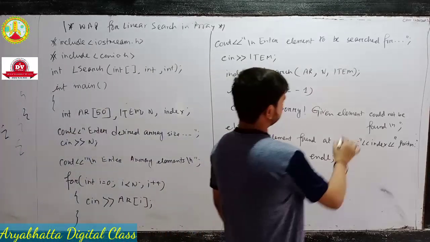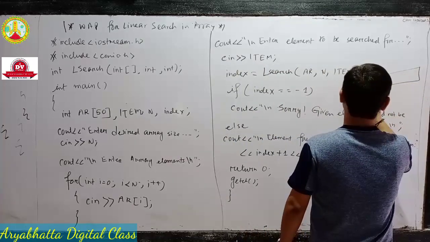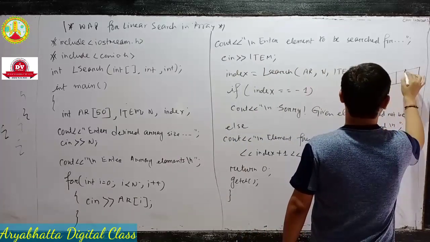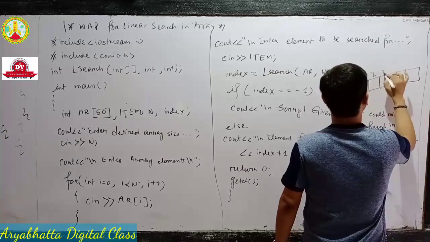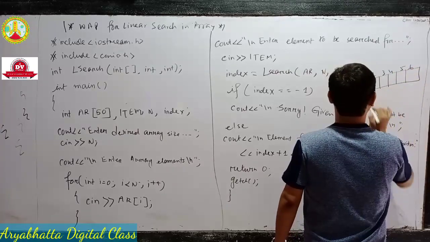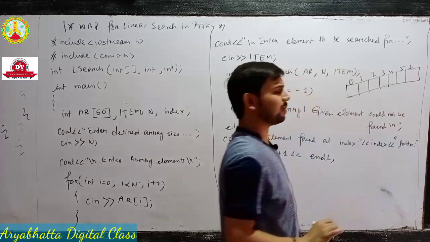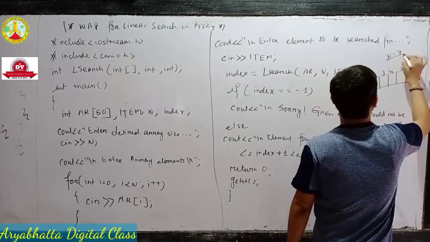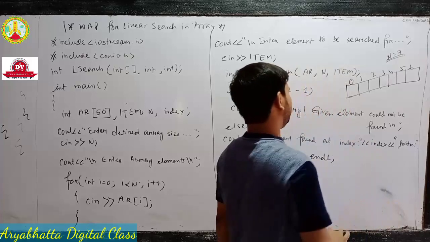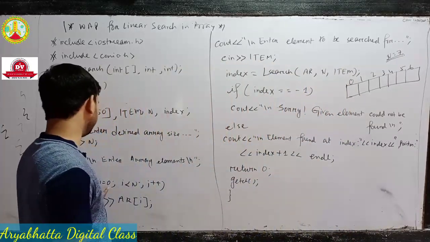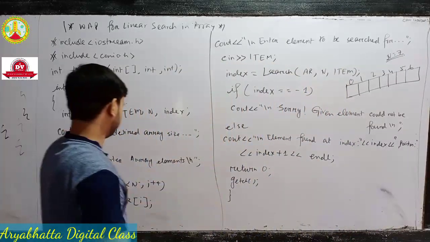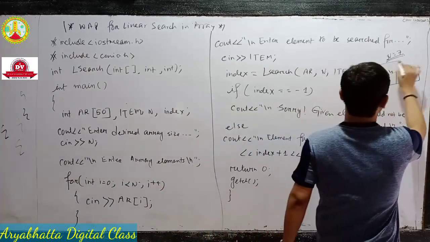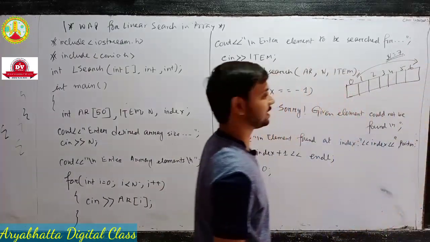Suppose this is an array: 0, 1, 2, 3, 4, 5, 6, so your size of array is 7, which means your n is 7. Your index starts from 0 to less than n, that is 0 to 6, less than 7.